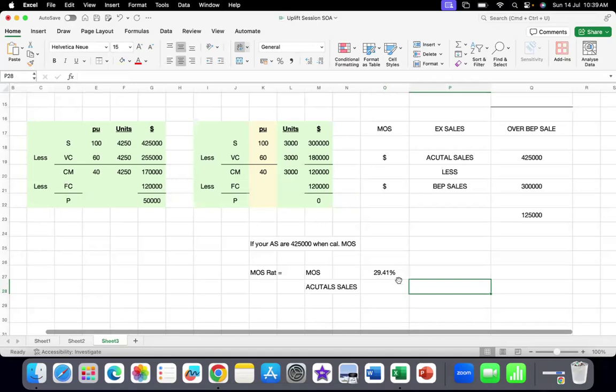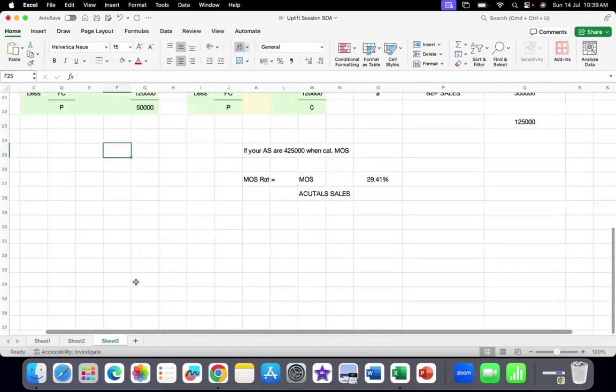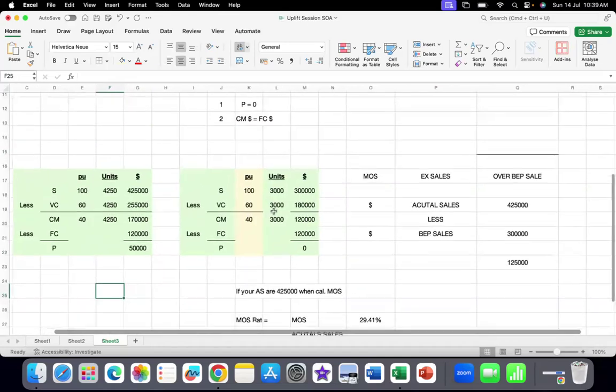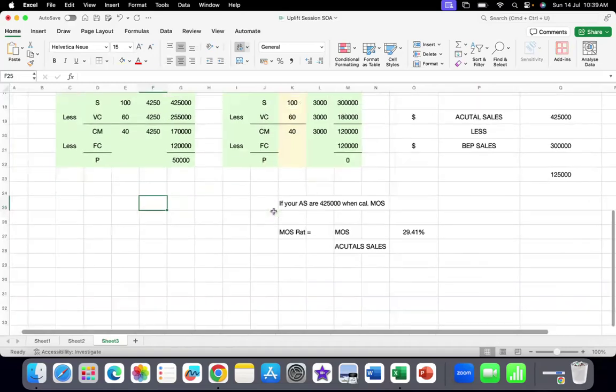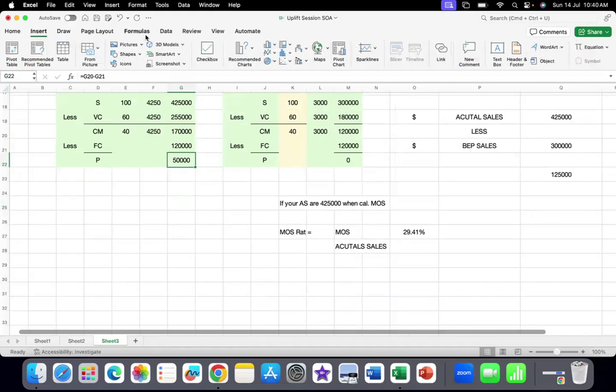Now there is one quick thing which I want you to research and come back to me in the next class. In the question which we did, wherein we had a profit figure given to us, which was 50,000, we calculated it by using the reverse methodology, right?